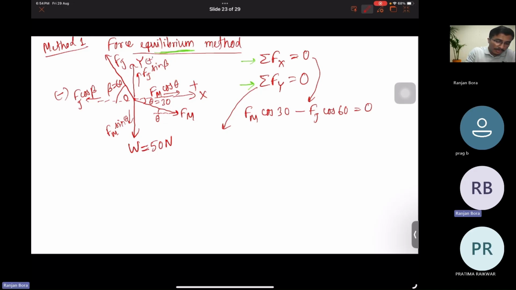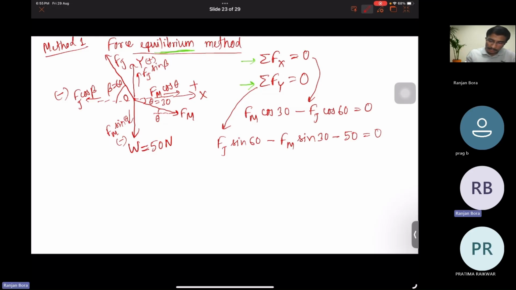This is positive, this is negative. So using the second equation, we will get Fj sine 60 minus Fm sine 30 minus 50 equal to 0. So we have got two equations.